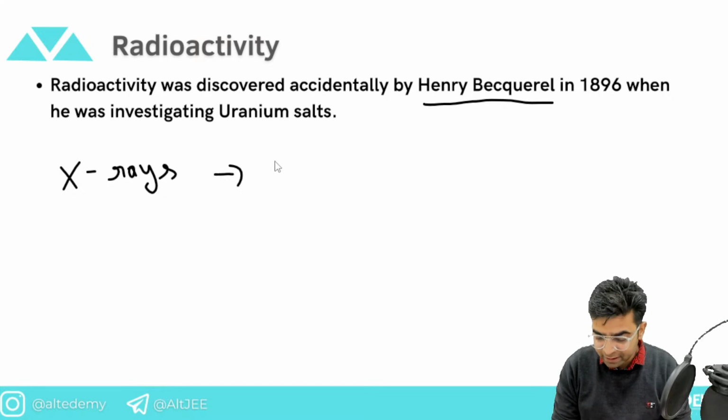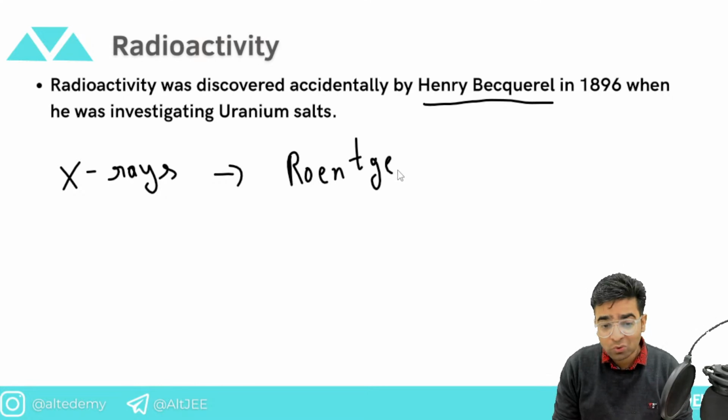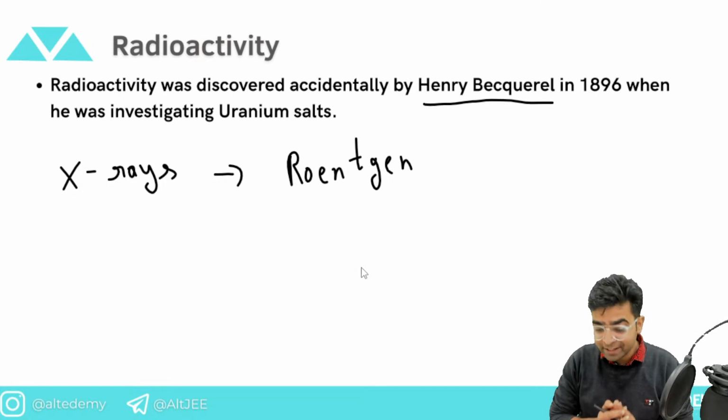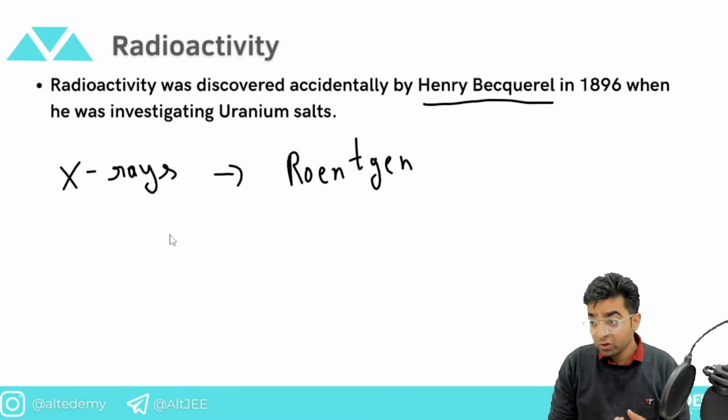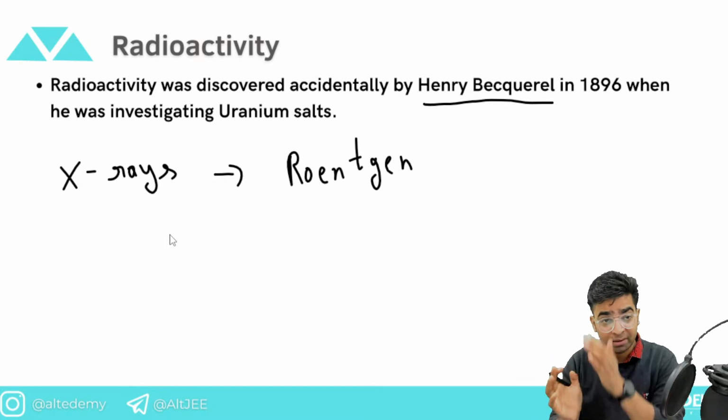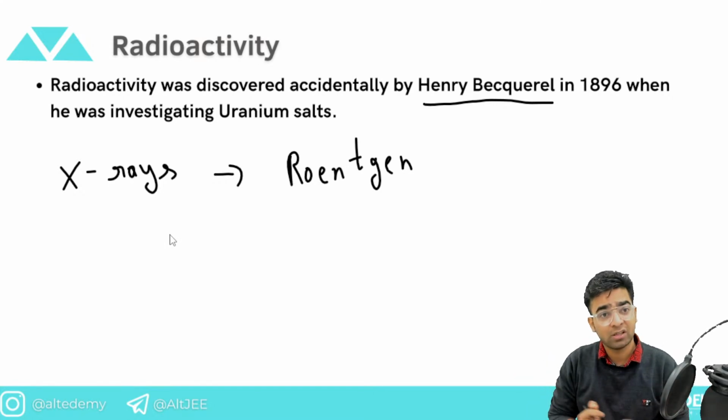X-rays were discovered by the scientist Röntgen. His name I know, but I don't know how to spell it. He discovered X-rays, and Becquerel was studying them. X-rays create a photographic image.